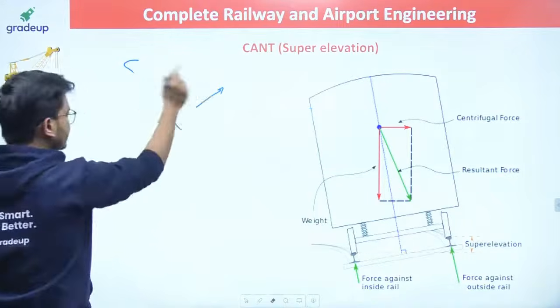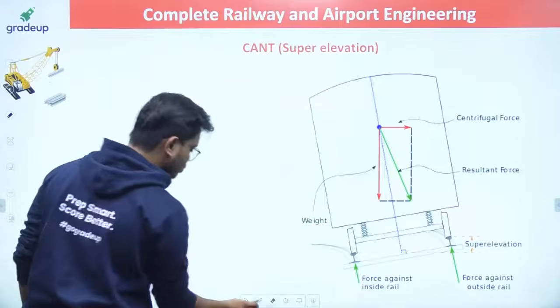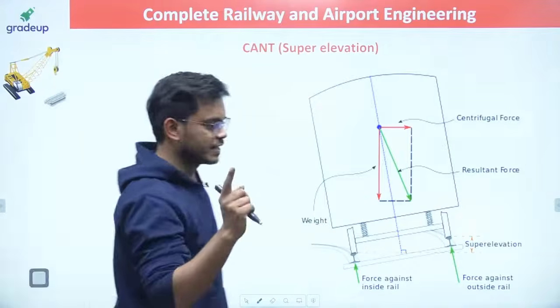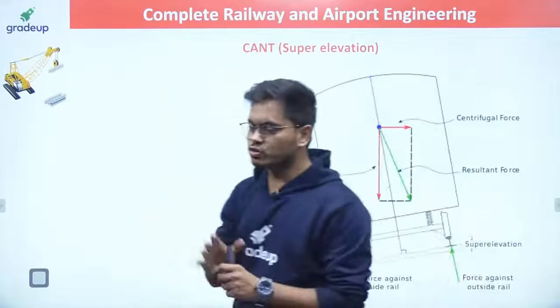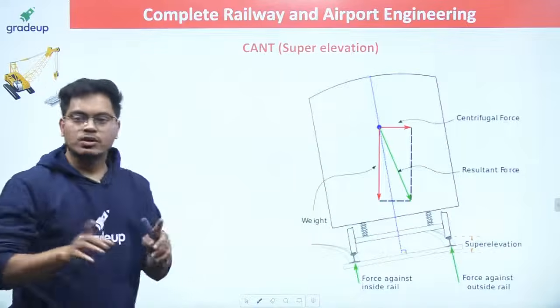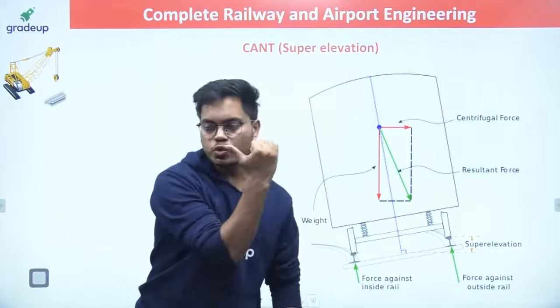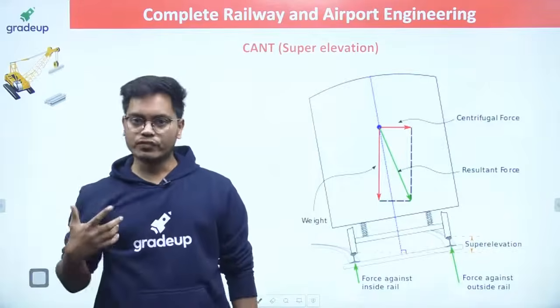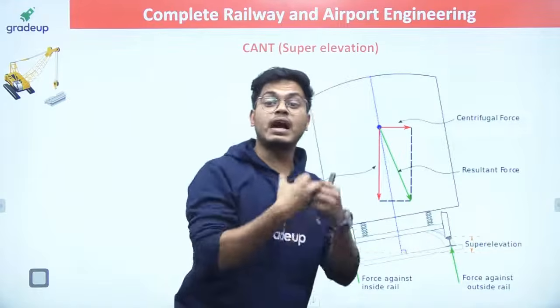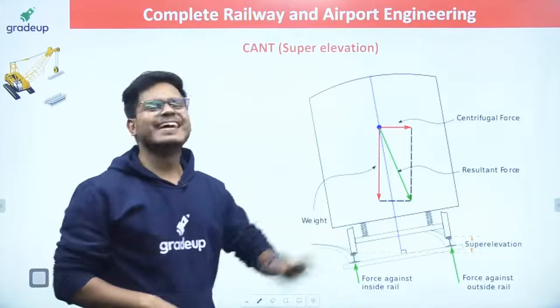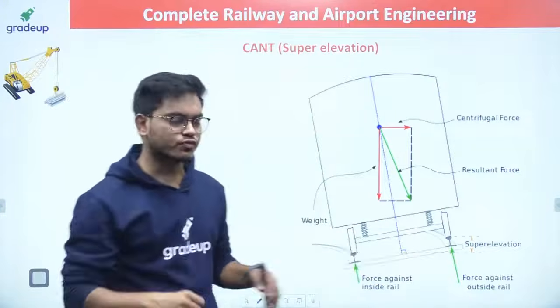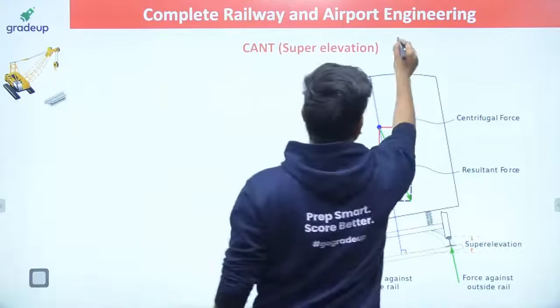Same thing happened with the train also. But in your vehicle case, we used to show the centrifugal force, and it was being compensated by the friction also. Here we are not going to consider the friction. First of all, friction is neglected here.